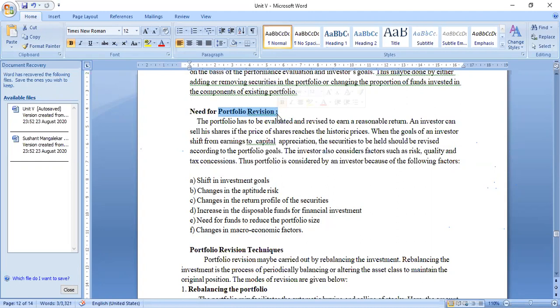Rather they will choose more conservative industries, or you can call them defensive industries, wherein they can have at least a reasonable rate of return to match the inflation rates. So these are in general certain factors and elements which have to be taken into consideration by an individual investor towards portfolio revision.